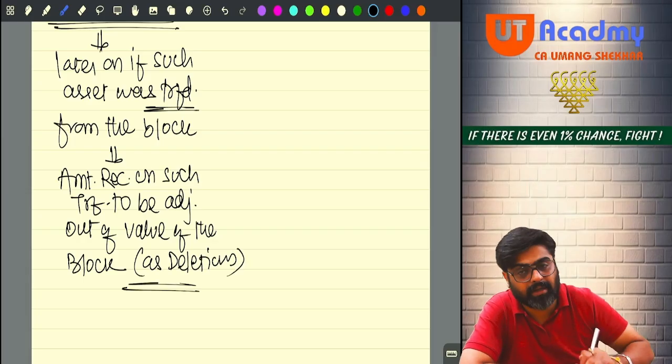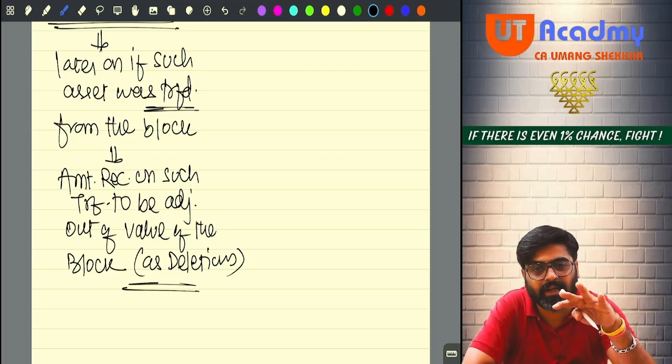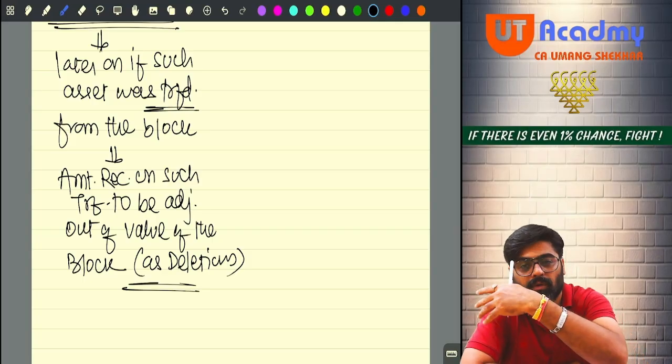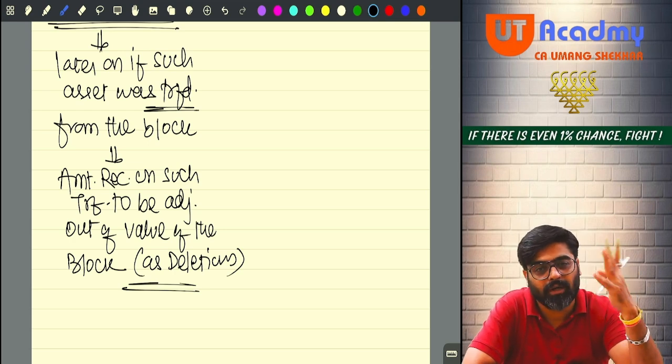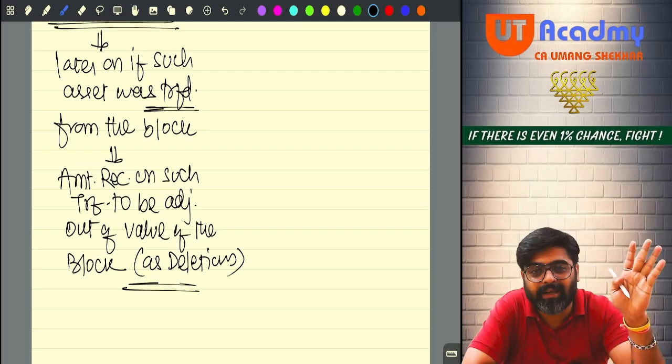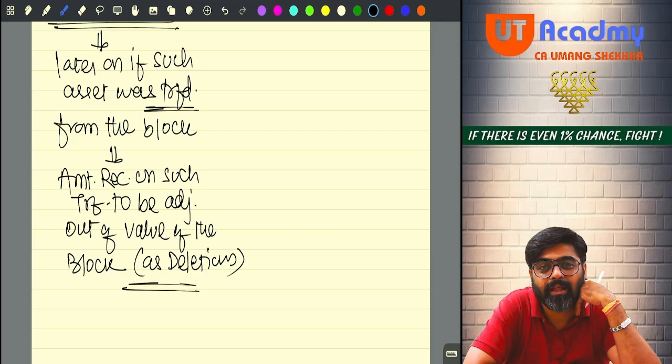Please don't charge that amount separately anywhere. Rather, adjust that amount as deletions from the value of your block only. Why are you doing this? Because the asset loses its identity after it is made a part of the block now. Getting my point, sir? Should I move ahead?